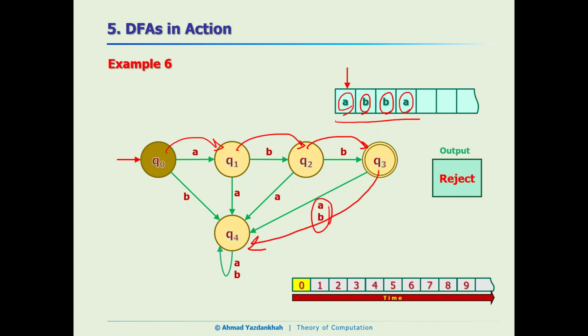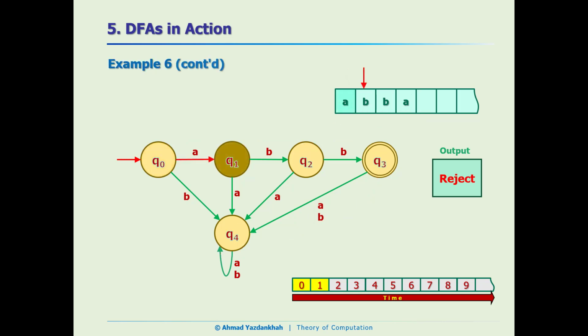Because this is saying that if it is either A or B, move to here. Okay, let's see what would happen. So what was the difference here?